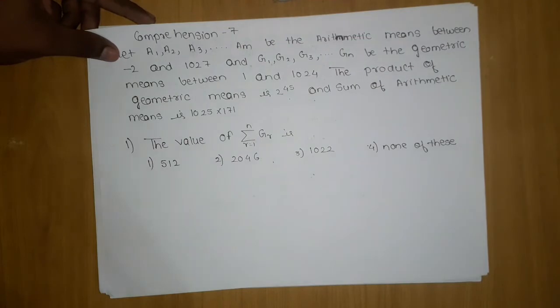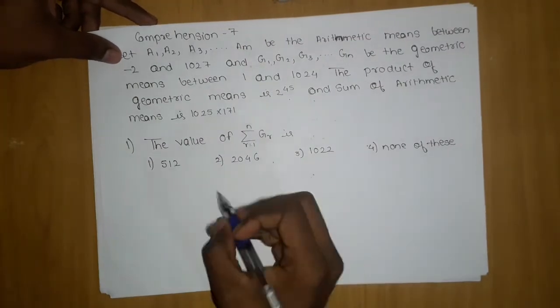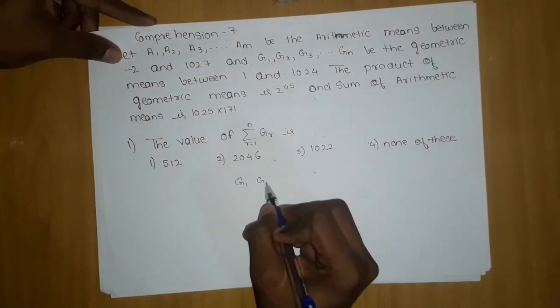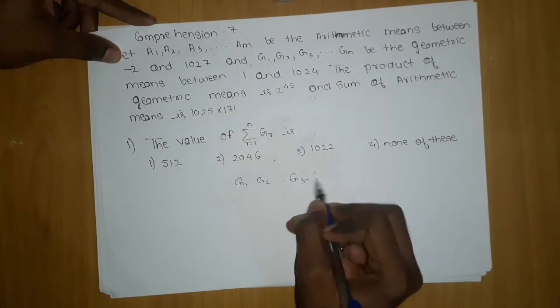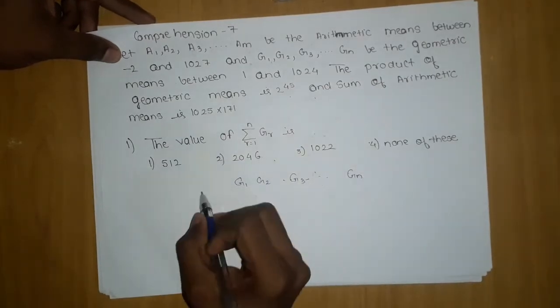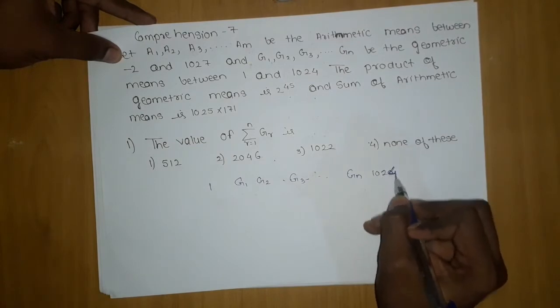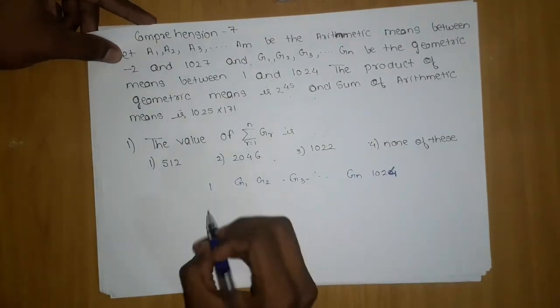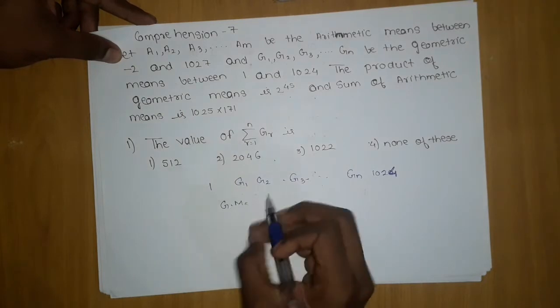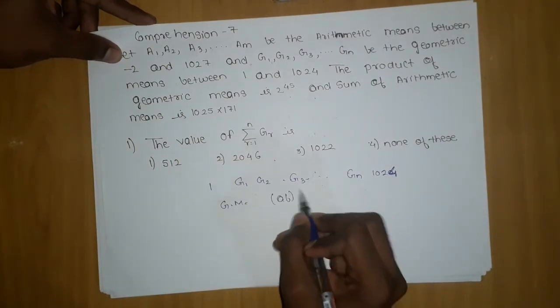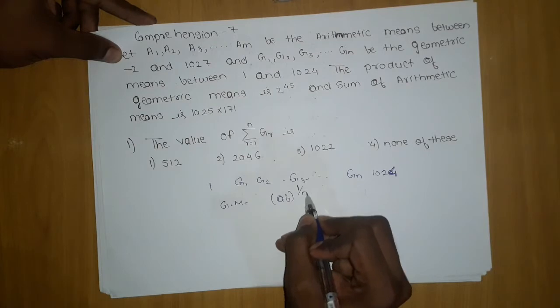If there are n means g1, g2, g3 till gn placed between 1 and 1024, can I get the gm? The standard gm is (a into b) power 1 by n, where n is the number of terms.